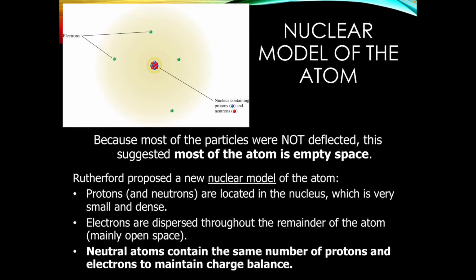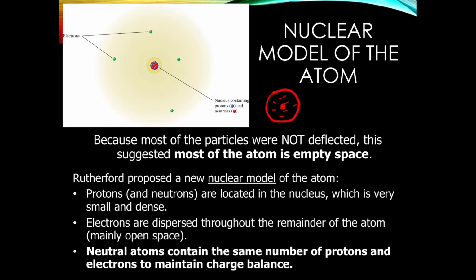So Rutherford had to take all of this information into account and actually change the model of the atom again. Remember, the one that we had recently was J.J. Thomson's model, that chocolate chip cookie model that said the electrons are spread out, which is still true. But the thing that needed to get added is that there's something very, very small and dense in the middle of the atom.